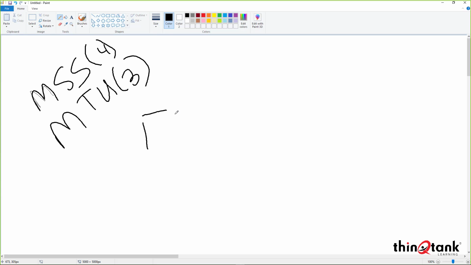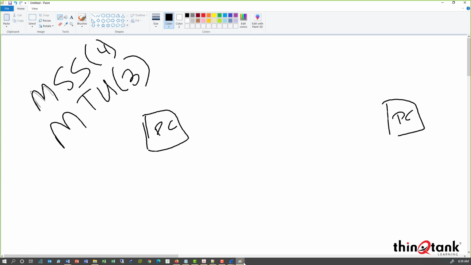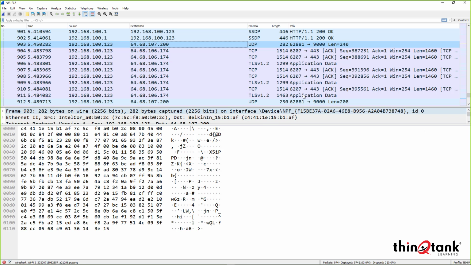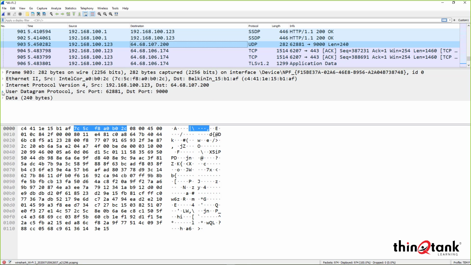So if this PC, and we'll see this when we get into our TCP discussion later on, wants to establish a TCP session with this PC, they're going to do their three-way handshake. They're going to establish their TCP connection. And in that process, in fact, let me show you in Wireshark real quick. I just have to find a three-way handshake. So that's a UDP.